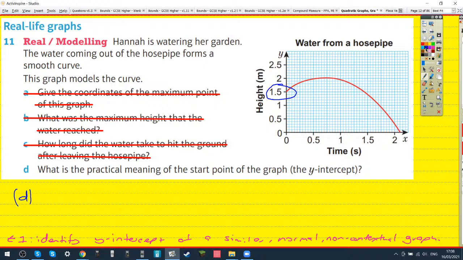So the context, so what is the y-intercept? Like what's the value of the y-intercept?